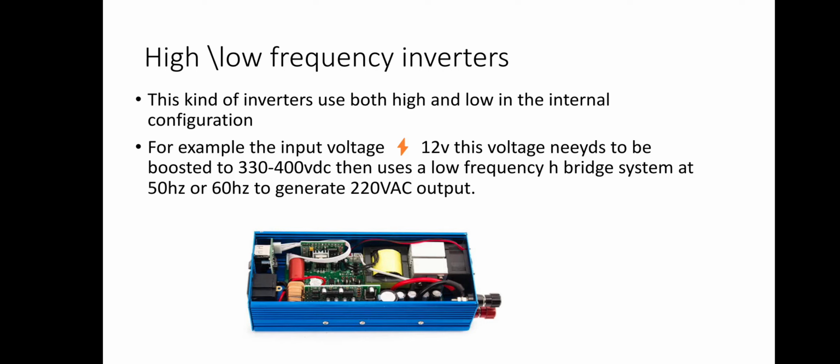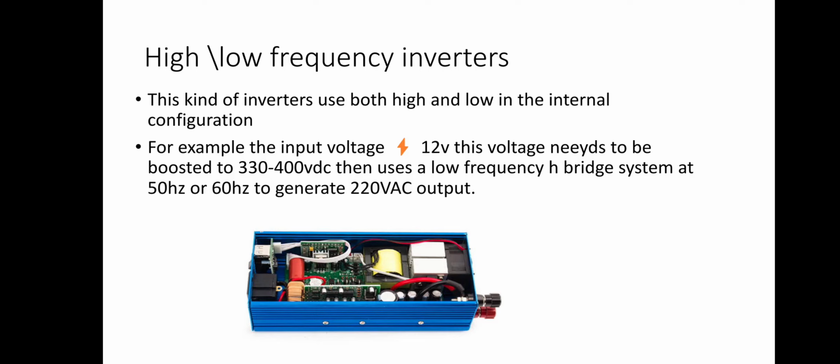That is on DC. Now if you check closely in this inverter, there are two cards hanging on the top. There is one behind and there is one closer here to you. The one behind is responsible for boosting this 12 volts into 330 to 400 volts.